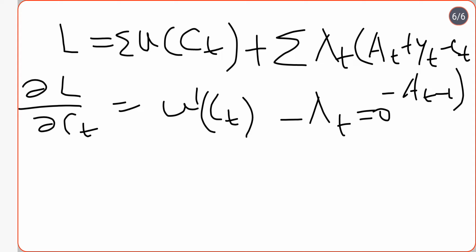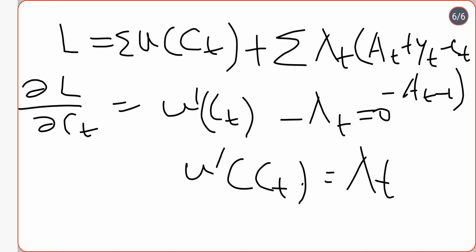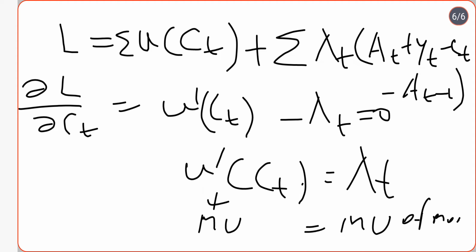So what does it mean? It means basically that u dash ct is equal to lambda t. Now what is u dash ct? This u dash ct is marginal utility. And what is lambda t? Lambda t is basically marginal utility of money.